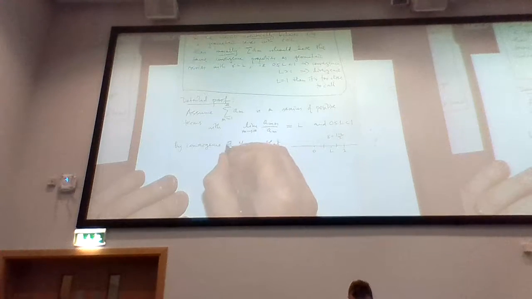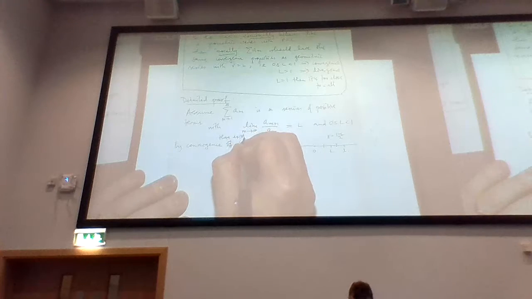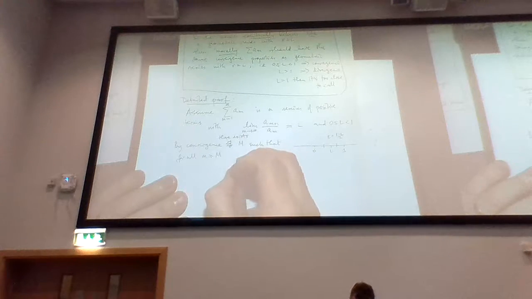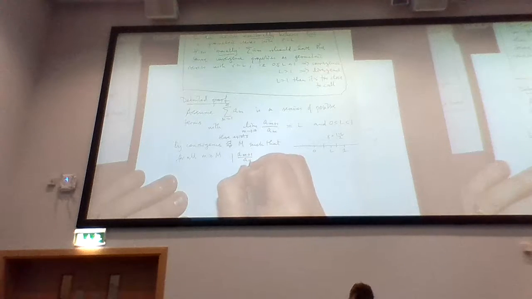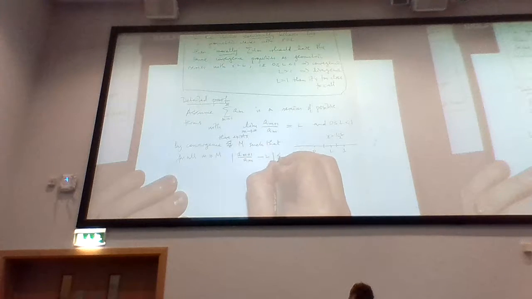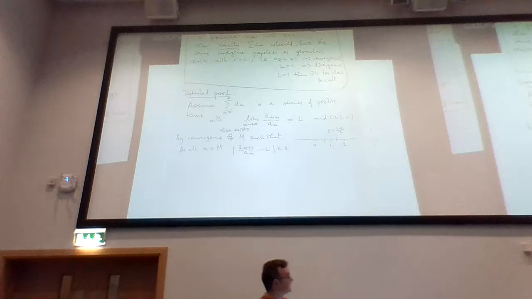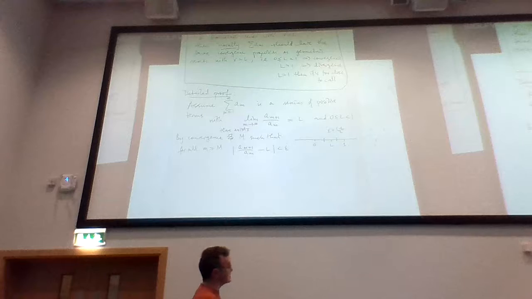So the backwards E means exists. Let's just stick with the English for a moment. Such that for all m bigger than or equal to N, I know that the distance from a_{m+1} over a_m to L is strictly less than this epsilon value. Okay, that's true because the ratios converge to L.